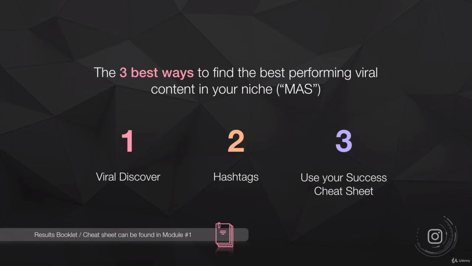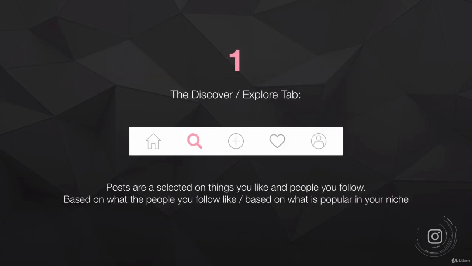So one, the Discover or Explore tab is the little magnifying glass at the bottom of your Instagram screen. Here, Instagram curates posts based on things you like and people you follow, what people you follow are liking, and what is popular in your niche.